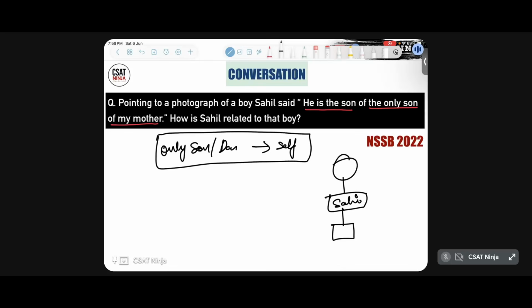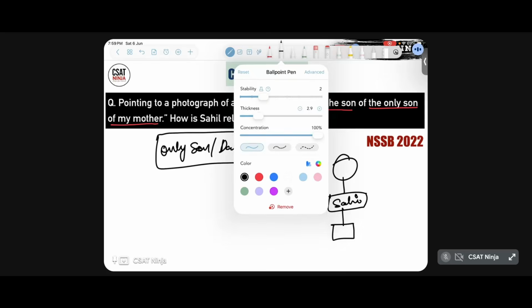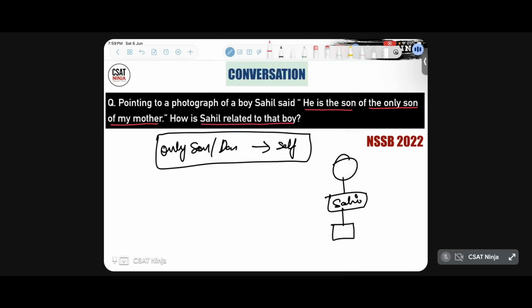What is asked? How is Sahil related to the boy? Who is Sahil to the boy? Is it Sahil is father? Clear with this? Easy. So whenever you see most of the statements of conversation-based question, you will see that the only statement is based on self only. Let's move on to the next one.